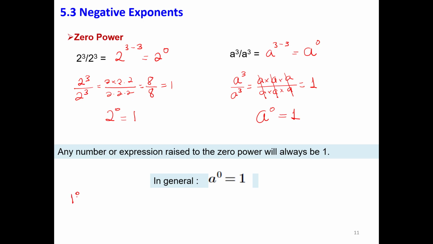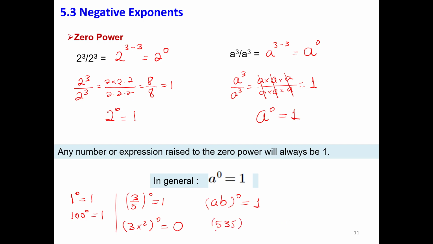If we had 1 to the 0 equals 1. 100 to the 0 equals 1. 3 to the 0 power equals 1. 3x squared to the 0 power equals 1. a to the 0 power equals 1. 535 to the 0 power equals 1. Any number, any expression raised to the 0 power equals 1.